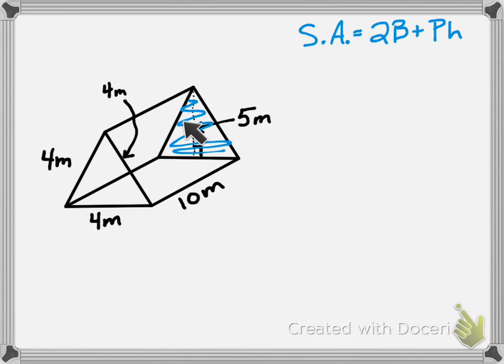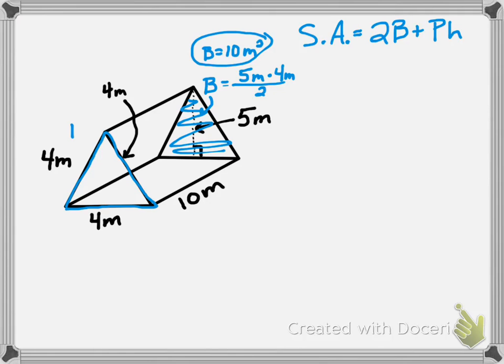Well, this is a triangle. So the area of this base is going to be base times height divided by 2. So 5 meters times 4 meters divided by 2. So the area of my base is 10 meters squared. Okay, then I need to know the perimeter of my base.